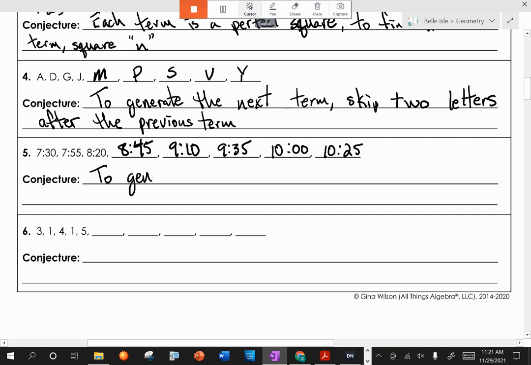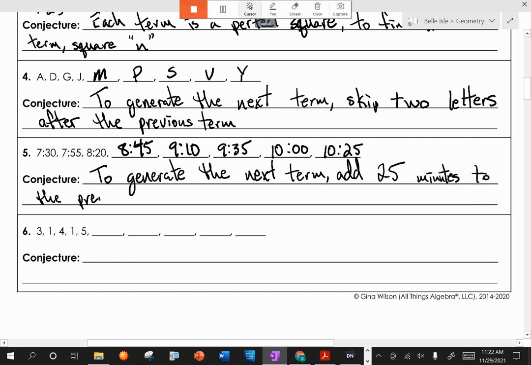Conjecture would be to generate the next term, add 25 minutes to the previous term.